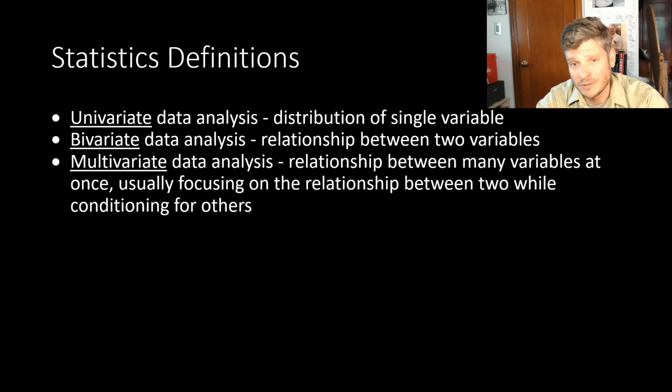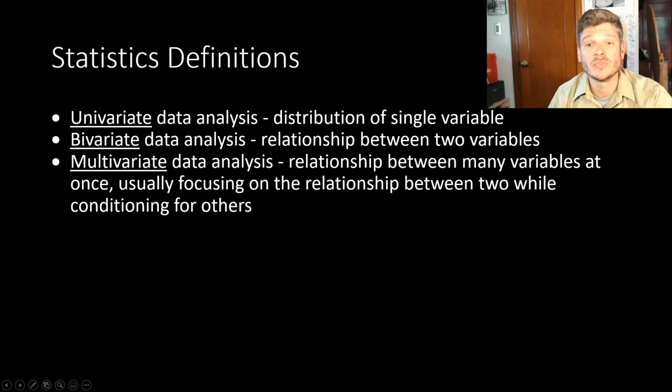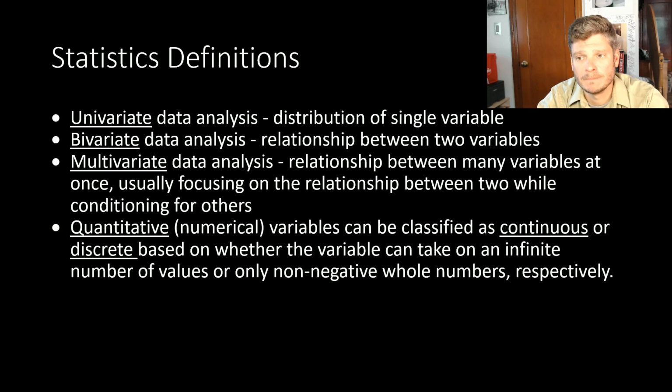So what does a graph look like in 7 dimensions? I don't know. I have no idea. That's crazy, right? I can't possibly fathom what 7 dimensions looks like. So again, typically when we do our multivariate data analysis, what we're really going to be doing is focusing on just two of those variables at a time.